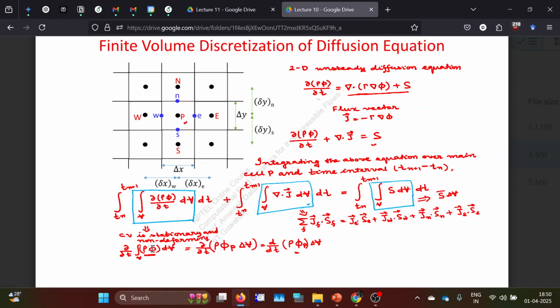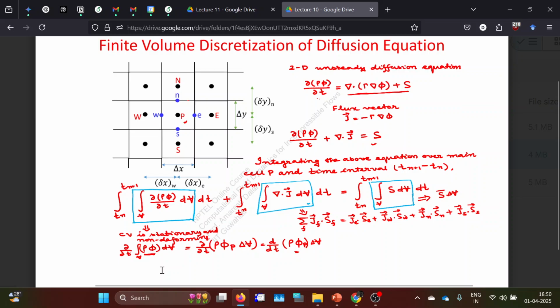So here we take the differential out of the integral. This is an assumption, the order of integration is flipped basically. So you do the time integral first. Now here I am only looking at the volume integral.